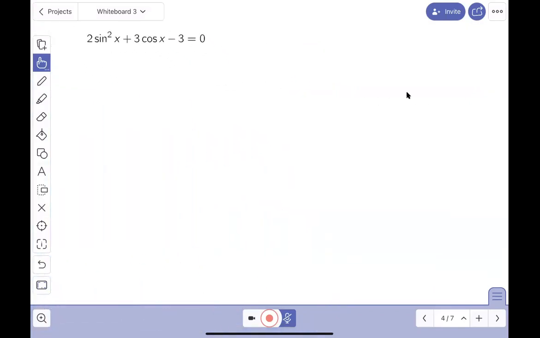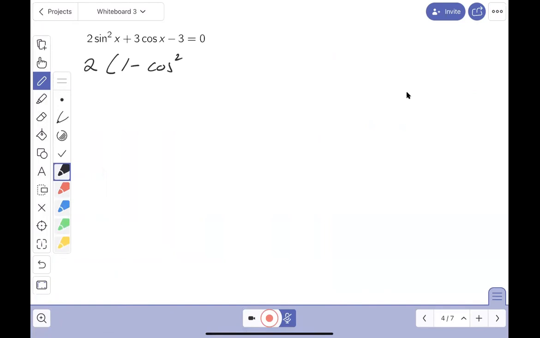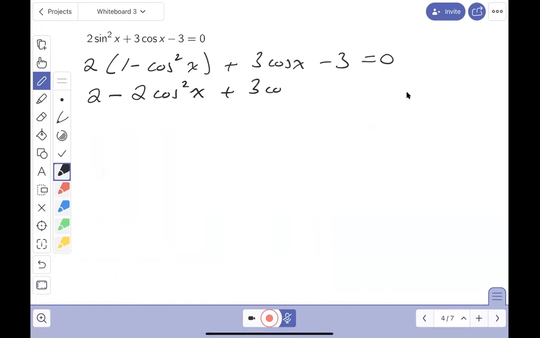So I'm going to write this as 2 times 1 minus cosine squared x plus 3 cosine x minus 3 equals 0. Well, let's multiply this out. You would get 2 minus 2 cosine squared x plus 3 cosine x minus 3.